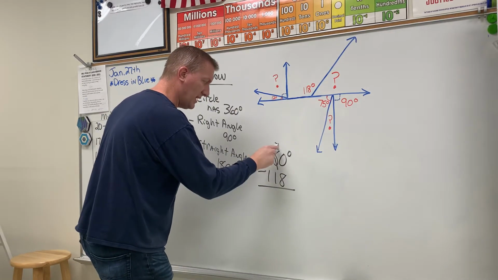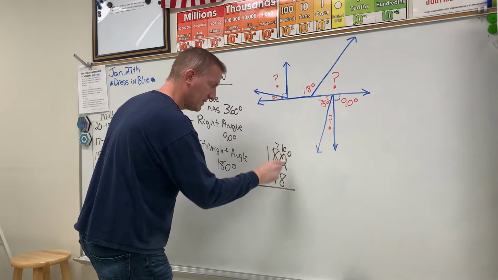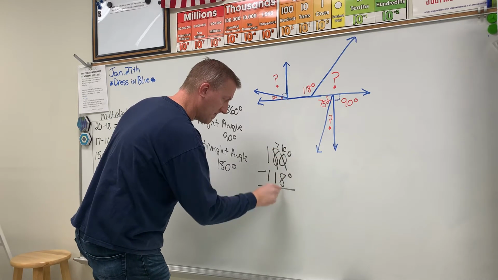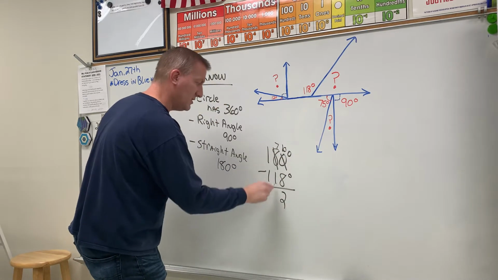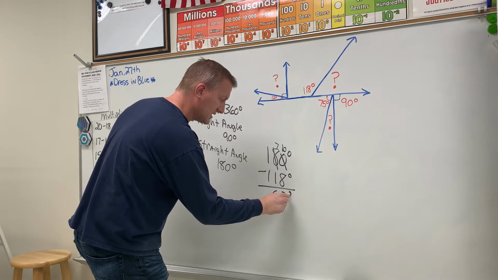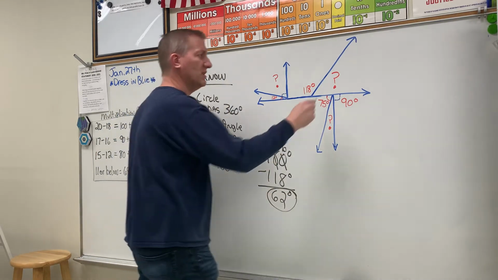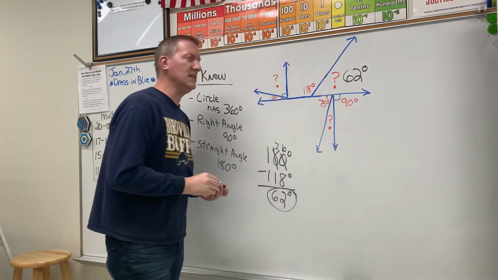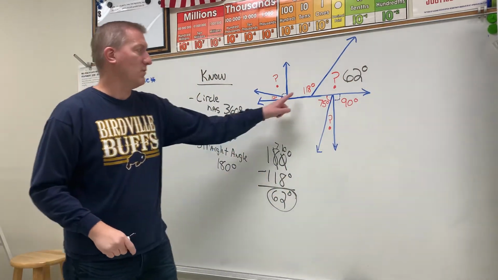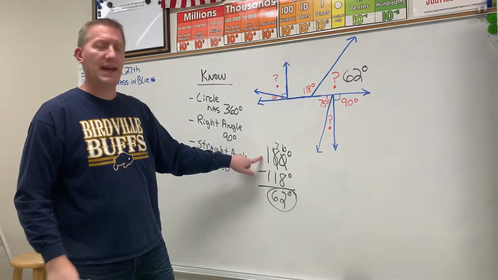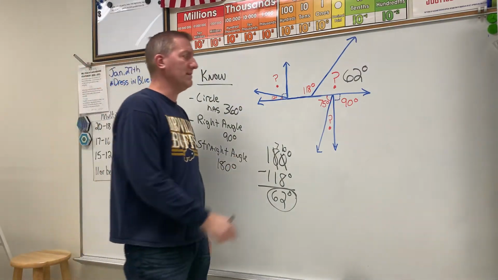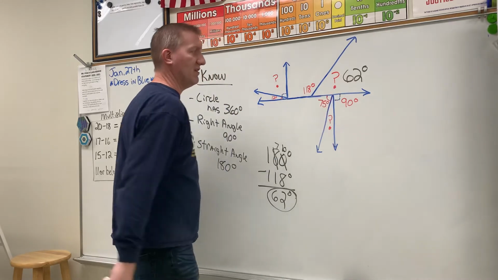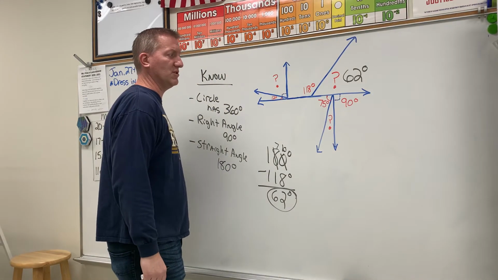If we do that, you get a 2, you get a 6, so it's 62 degrees. When you add those back up, it should add up to 180. So our first angle is 62 degrees.